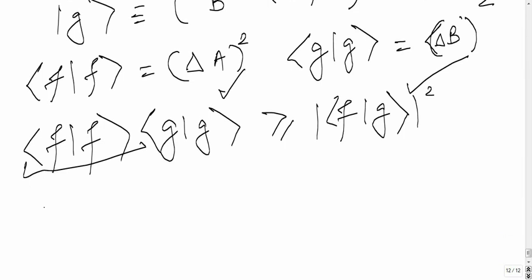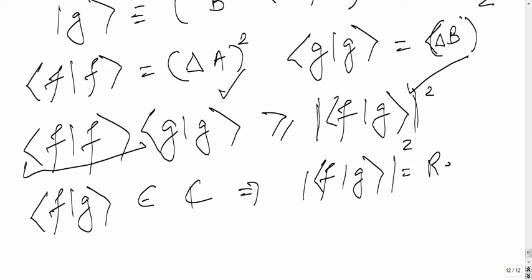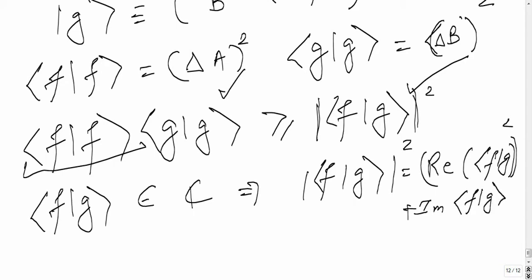Now this inner product of f and g, in general, is a complex number, and this implies that its magnitude squared is equal to the real part whole squared plus the imaginary part whole squared. I think this is clear, because the magnitude of any complex number is the square root of the real part squared plus the imaginary part squared.